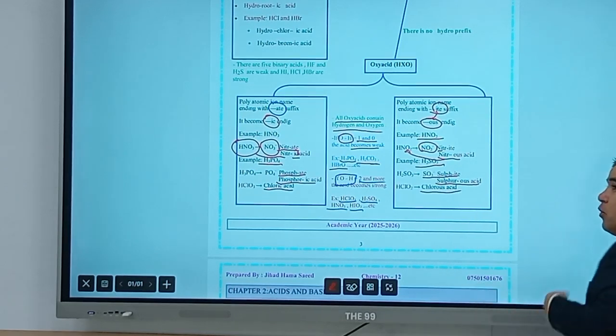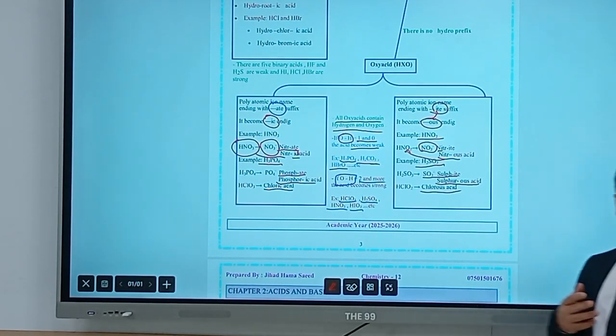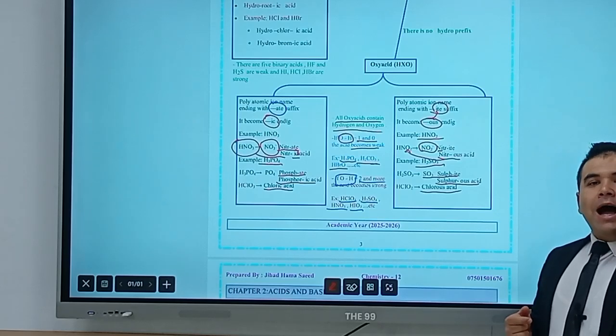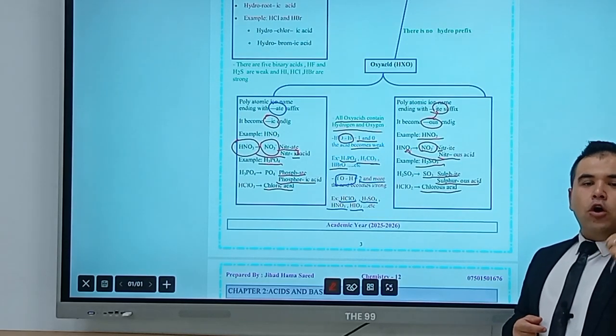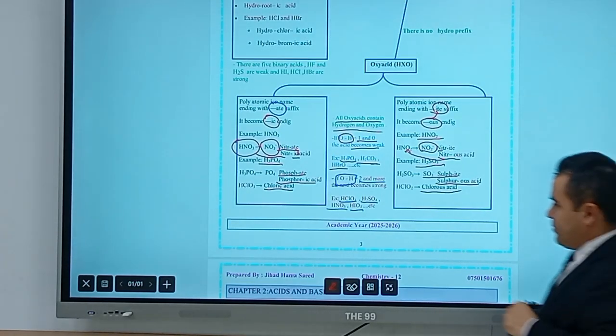Chlorous acid, bromous acid, nitrous acid, and many other examples. So for the polyatomic that ends with the suffix ITE, we replace ITE with OUS for the acidic name.